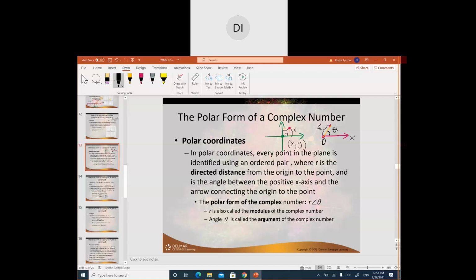With polar, any point is represented with r and the angle theta. So these are two different ways of representing any point. In the rectangular coordinate system you have x and y, and in the polar coordinate system you have r and theta. r is the distance from the 0, and theta is the angle with the x-axis.